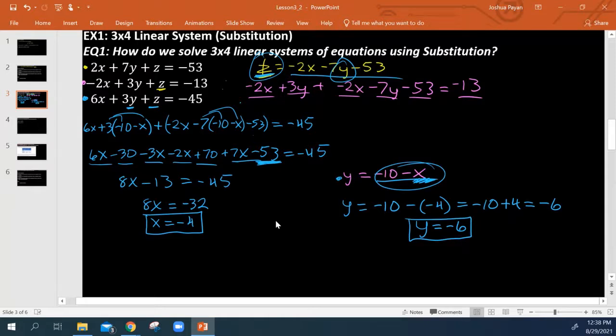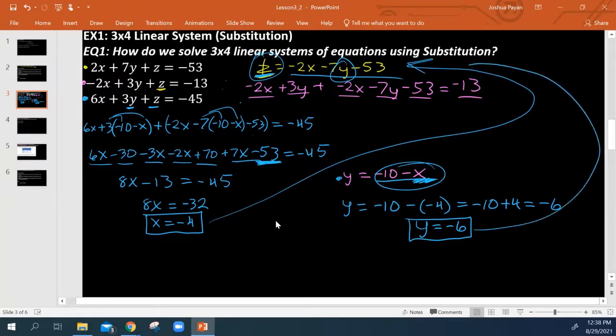Now that I know that, I'm going to take x and y and plug both of these in here. So z is equal to negative 2x minus 7y minus 53.